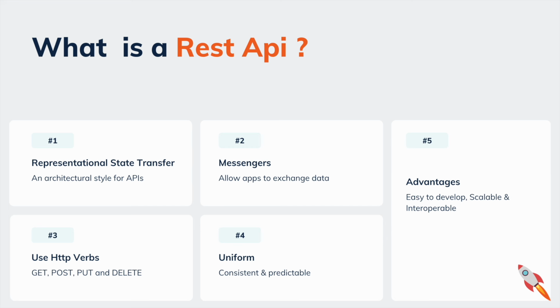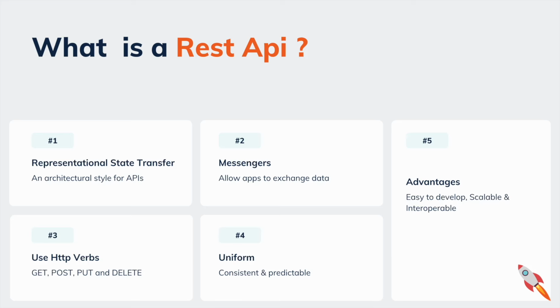And REST APIs, which stand for representational state transfer, are a specific type of API that follow a set of rules for how that communication happens. It uses familiar HTTP methods like get, post, put, and delete to interact with data in a structured way, and responses often come in JSON format.